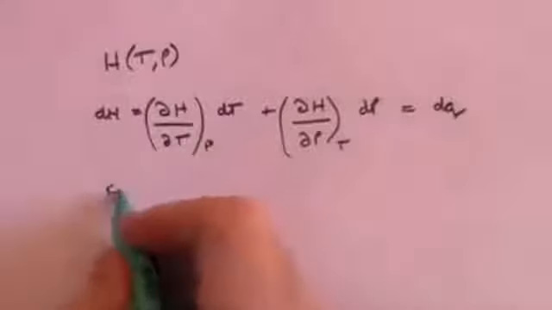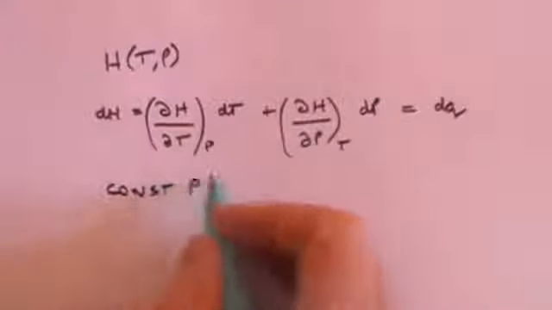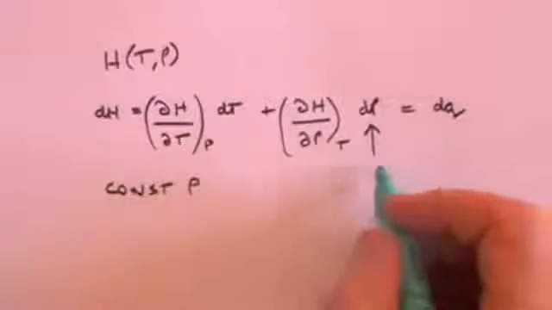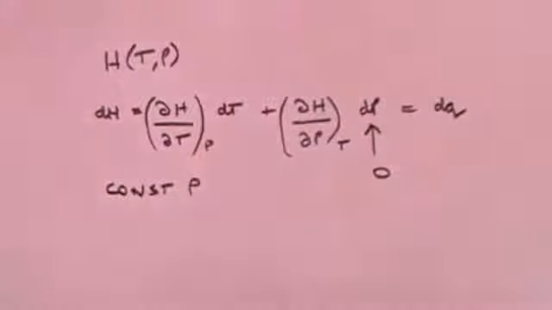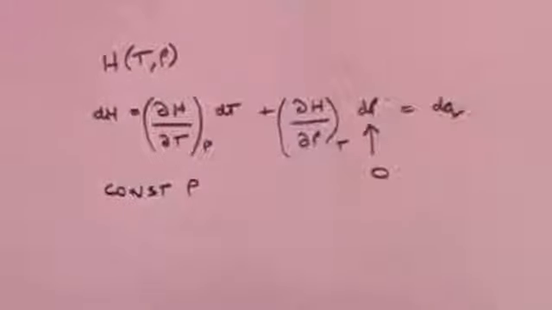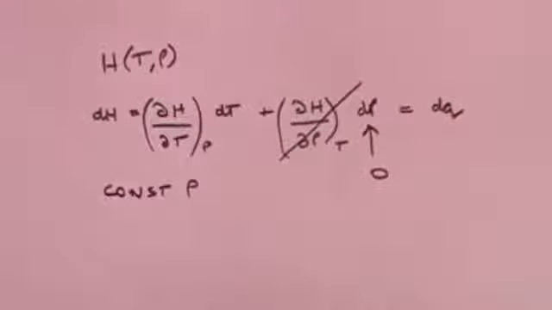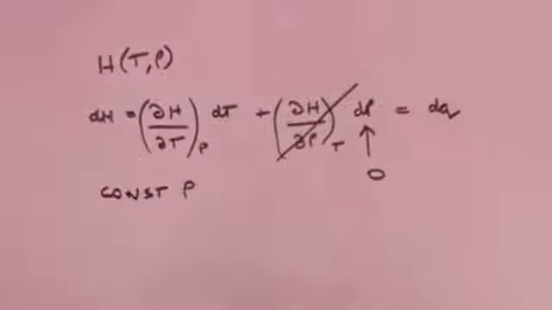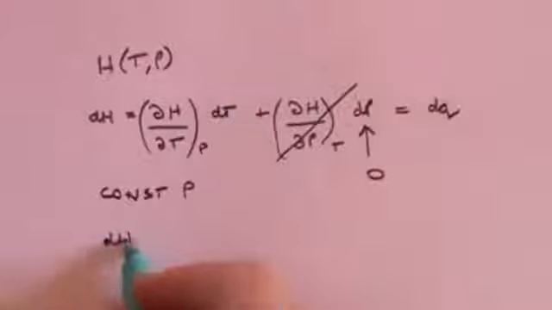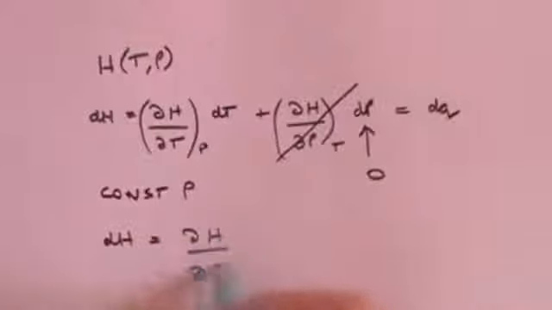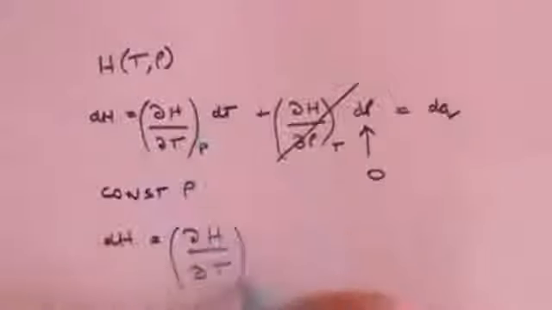But at constant pressure, last time you remember we were at constant volume, if we now take constant pressure, then dP, the change in pressure, is 0 because pressure is constant. And so now this term goes out because that is just 0. And so for constant pressure we have that dH is equal to the partial differential of H with respect to T at constant pressure times dT.